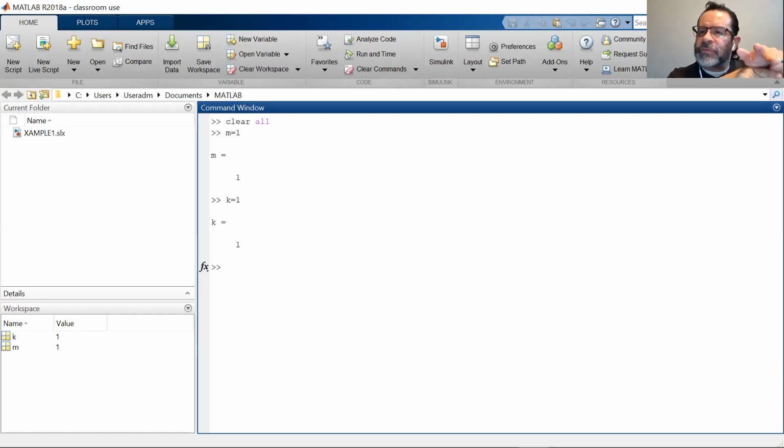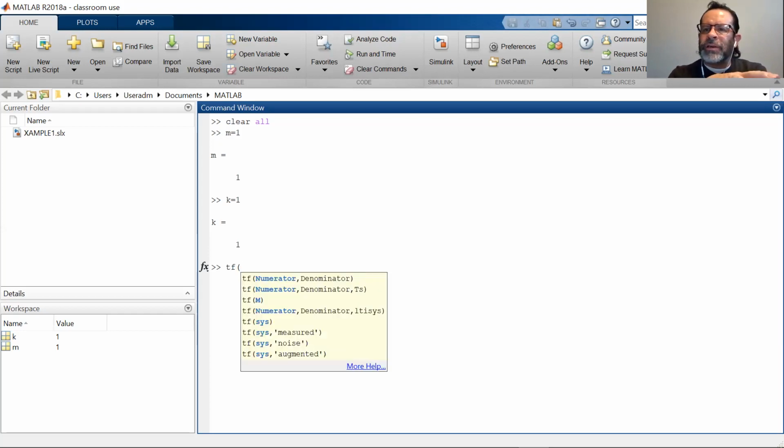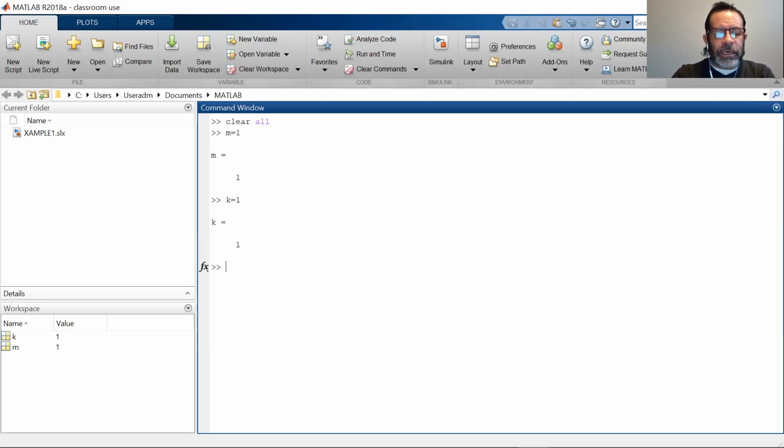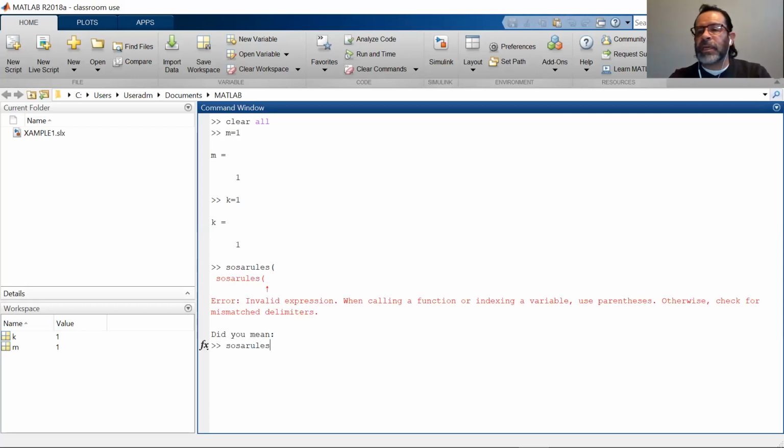There's a couple of ways for you to know if the functions you're going to be using, or the toolbox that has these functions, are there. One is that you can just write down the function. If I write down TF and put a parenthesis there, do you notice that options appear? That means that the function is installed, the library where that function is is installed. If I write, for example, Sosa rules, which apparently isn't a function of MATLAB, and I press enter, it's going to give me an error.